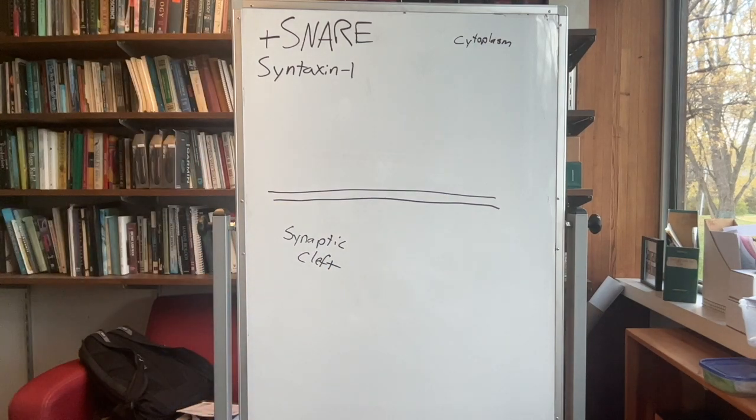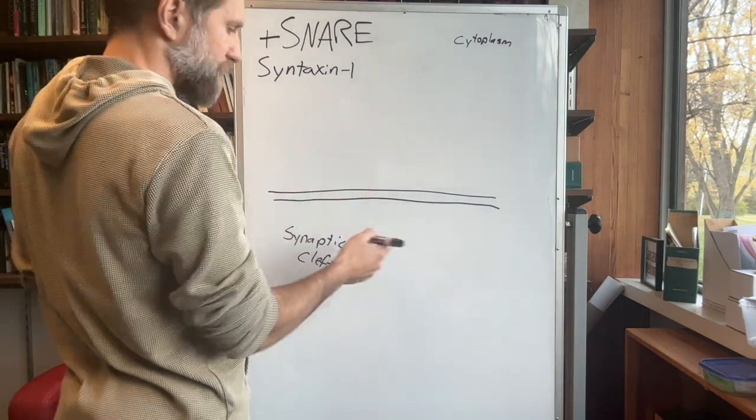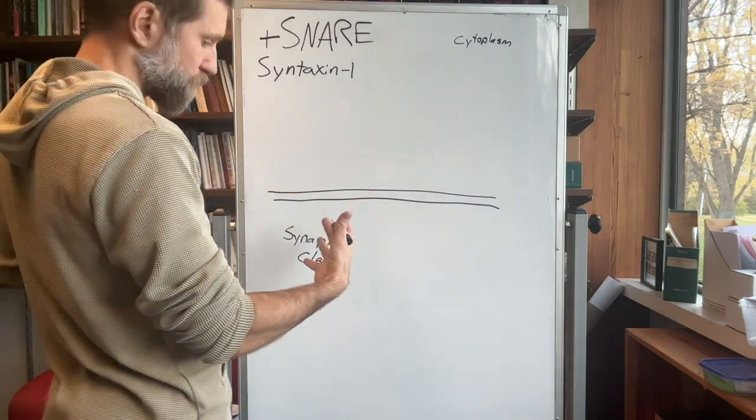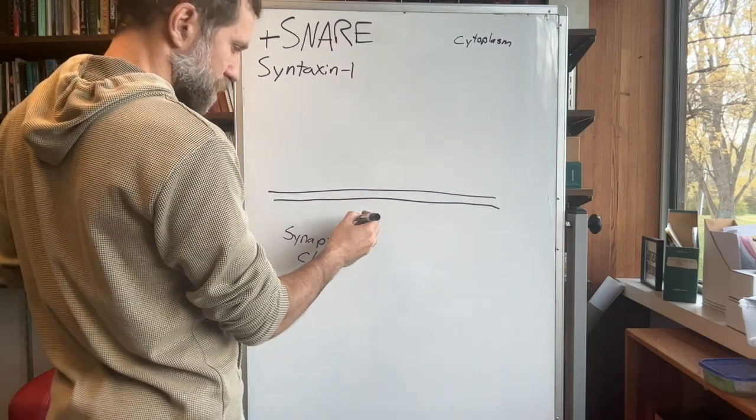Okay, so syntaxin 1. We'll use blue and red. Our protein is a transmembrane protein, so it spans both the intracellular space and the extracellular space.